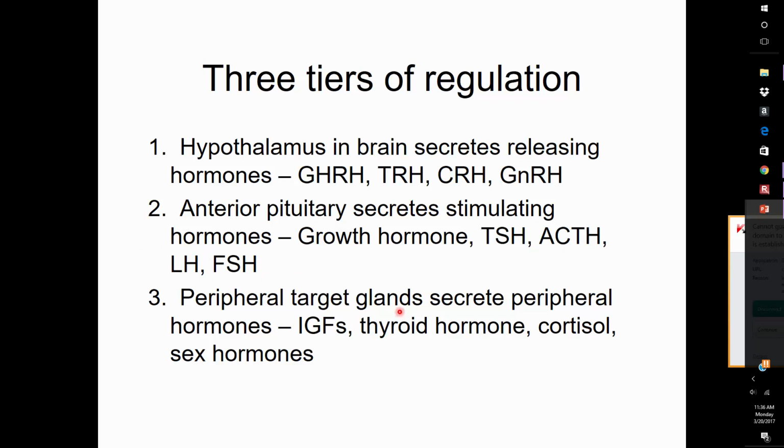Then there are peripheral target cells that produce IGFs in response to growth hormone, that produce thyroid hormone in response to thyroid stimulating hormone, that produce cortisol in response to adrenocorticotropic hormone, that produce sex hormones in response to LH and FSH.